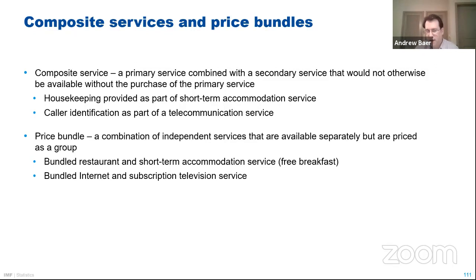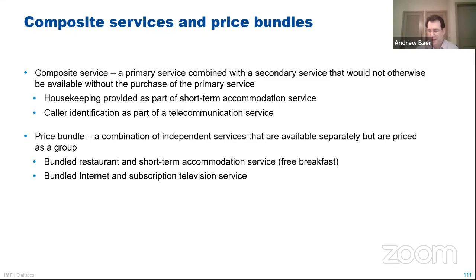A price bundle, on the other hand, is a combination of independent services that are available separately but could be priced together. An example would be, again, in a hotel, if they offer you free breakfast. Well, you know, maybe people who are not staying in the hotel could also buy breakfast. They could come in and purchase breakfast. So that makes that a price bundle as opposed to a composite service.